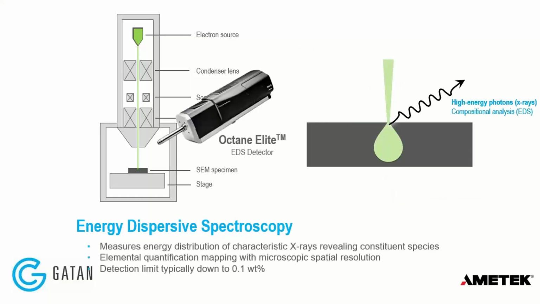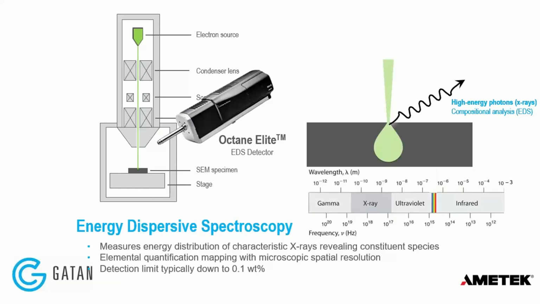We do that just by attaching an EDS detector onto the side of our microscope chamber, and in this case we used an EDAX Octane Elite EDS detector. We typically get a detection limit down to about 0.1 weight% of the material that we're investigating.